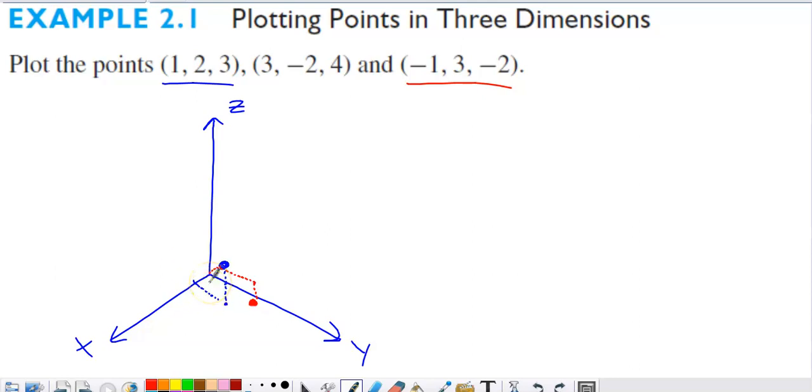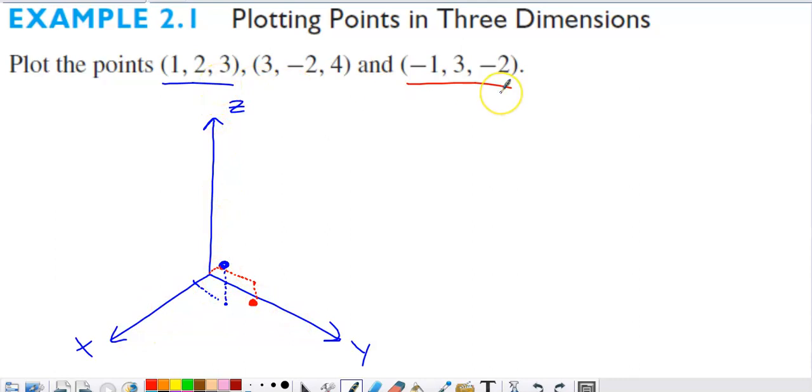So this is typically what's done whenever you're doing this by hand. What we're going to do to plot the point 1, 2, 3 is we're going to go 1 unit for the x coordinate. We're going to come out from that 1 unit along the x-axis, 2 units for the y, right? So I've gone out 2 units, and then I'm coming up out of that flat xy plane, 3 units on the z-axis.